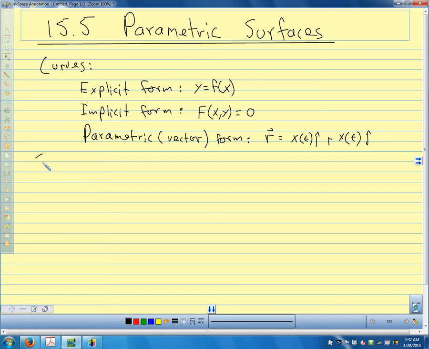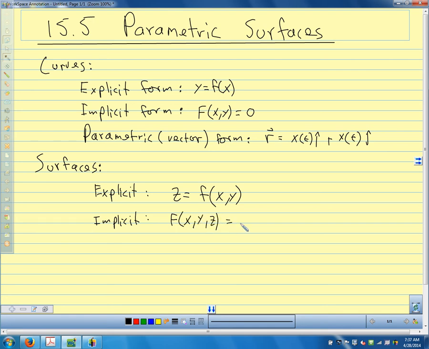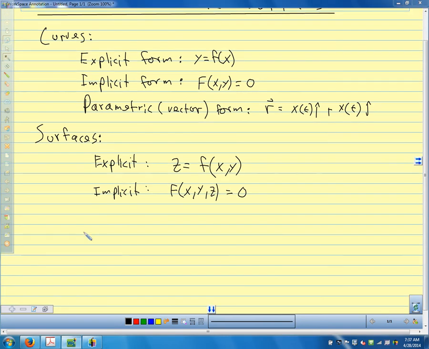Surfaces, similar thing for surfaces. We've worked a fair amount with the explicit form of surfaces, where we had z equals f of x, y, and we also worked with the implicit form, where we had f of x, y, z equals 0. And now we're going to talk about our parametric form today.